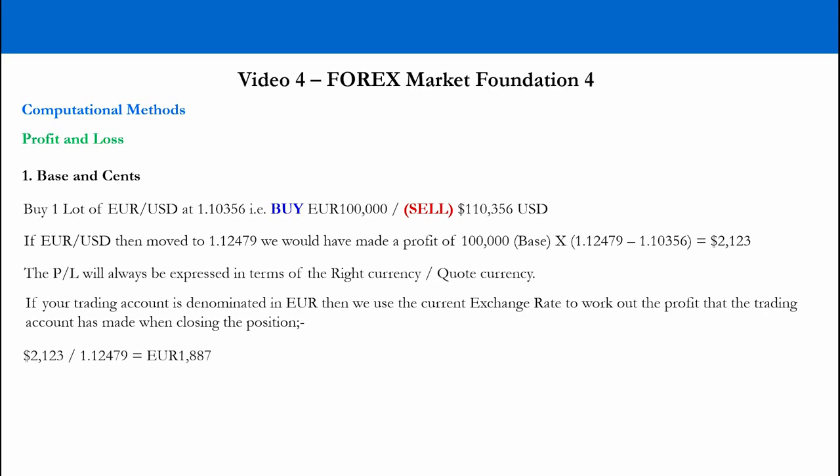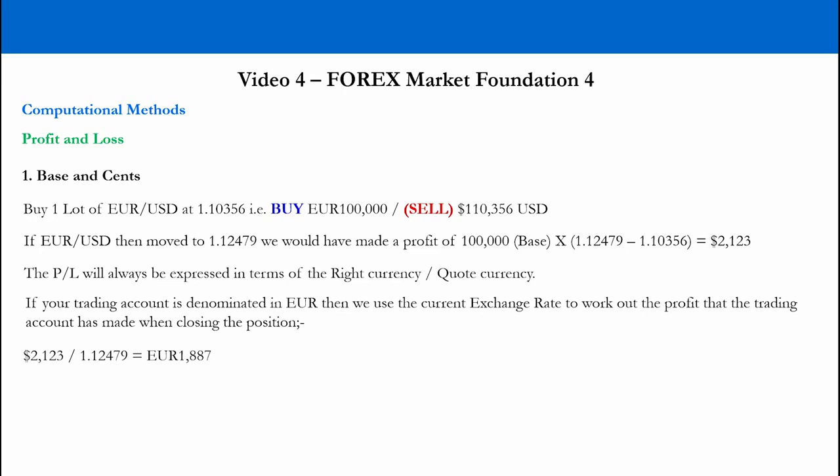Now, if the euro dollar exchange rate moves to 1.12479, we would have made a profit of 100,000, so the base currency, times the difference between the price that we sell at and the price that we buy at. And if you work that out, that comes out as $2,123. And you can see that the profit is expressed in dollar terms.